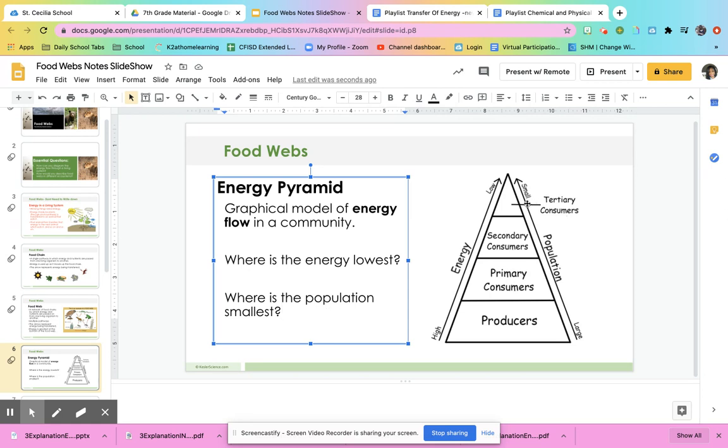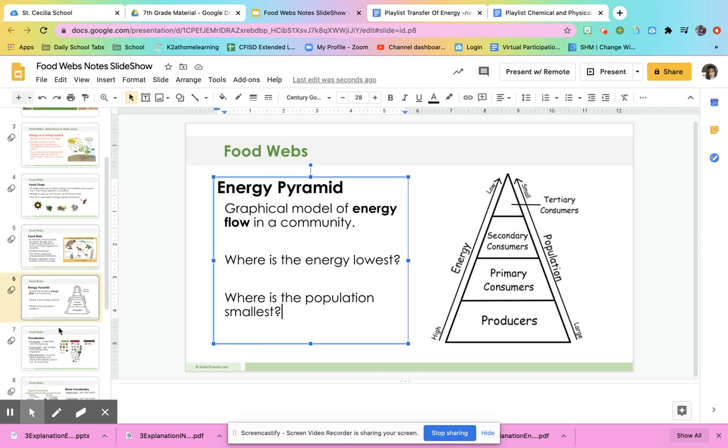So where do you have the least amount of energy and the fewest organisms? And as you can see, it tells you here that energy is the highest at the bottom. And as you go up the pyramid, it gets lower. And here it tells you that the population is the largest at the bottom. And as you go up, it gets smaller. And in the next PowerPoint, you'll be able to understand why.